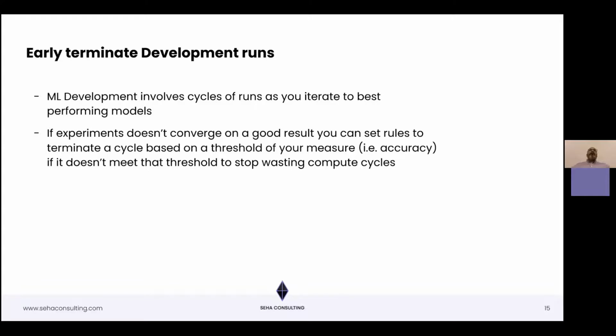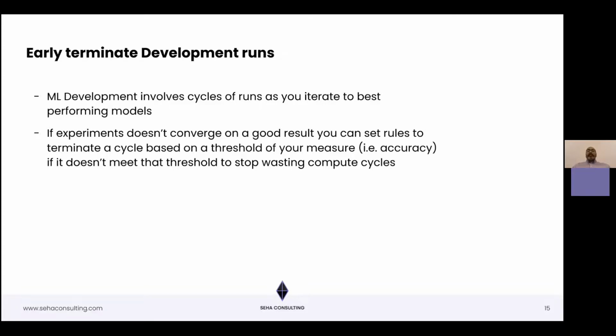Now, let's say you're running a job with 10 epochs and your accuracy after the first, second, third, fourth epoch is still like 50%. Chances are it's not going to jump up to like 90% in the next epoch through that run. So, you can early terminate development runs.